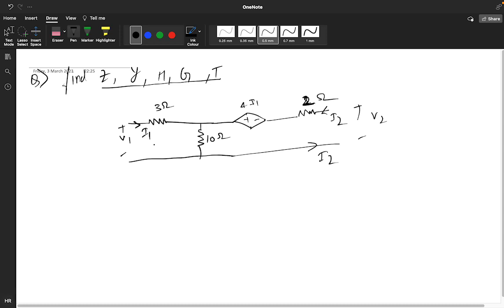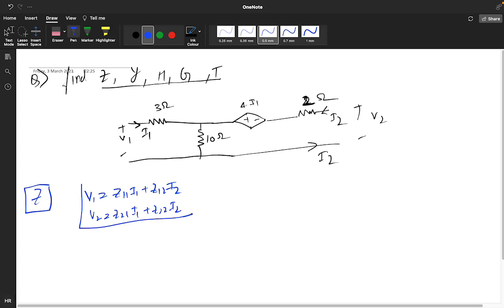Prasanna, what is the general equation of a Z parameter? Right now we discussed it. V1 is equal to Z11 I1 plus Z12 I2. V2 is equal to Z21 I1 plus Z22 I2.